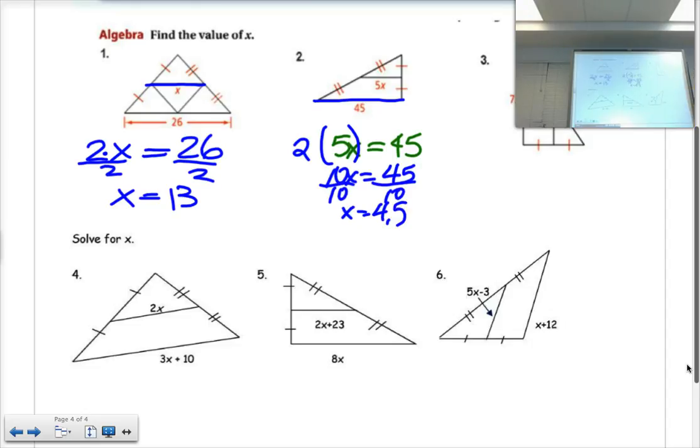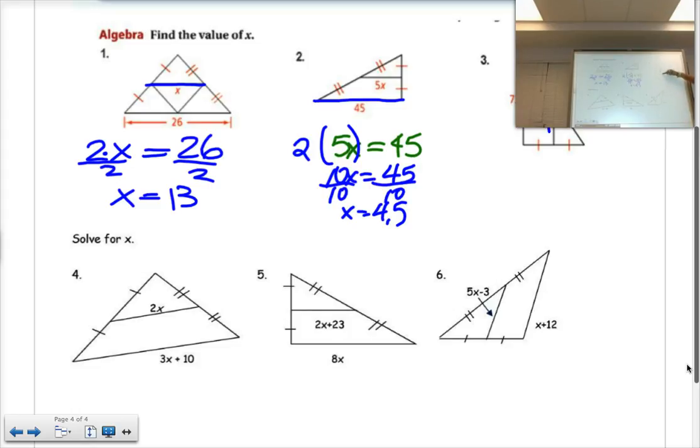Okay, let's try this. I want you to think about it. Look at number 3, and think about an equation that's going to help us find the value of x. What's my midsegment's measure? 6x.